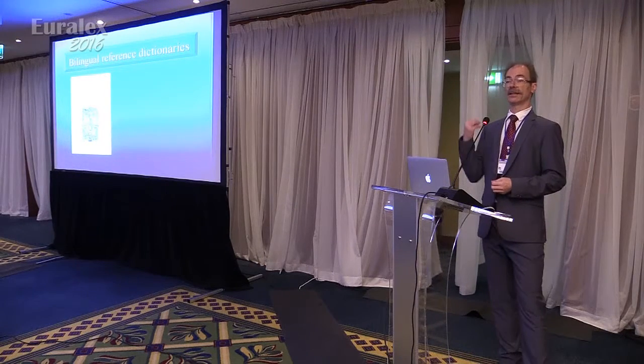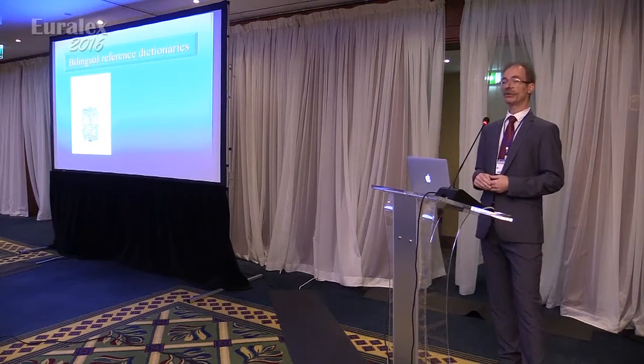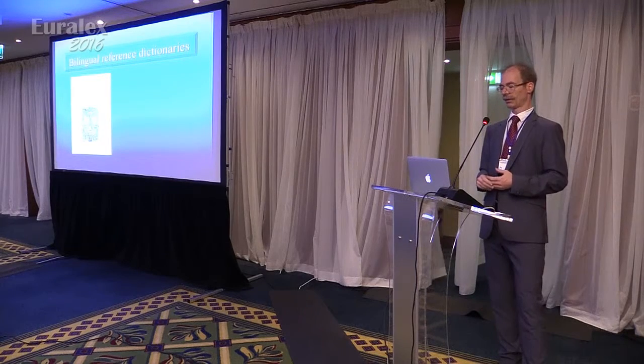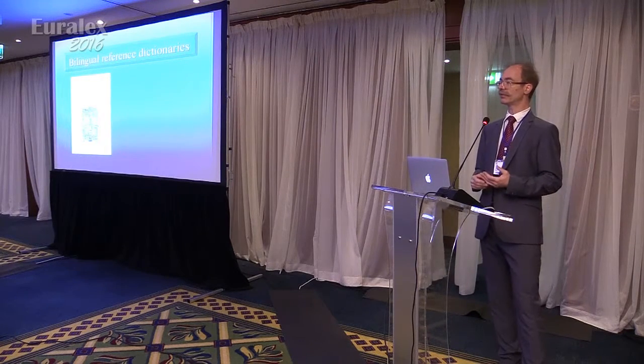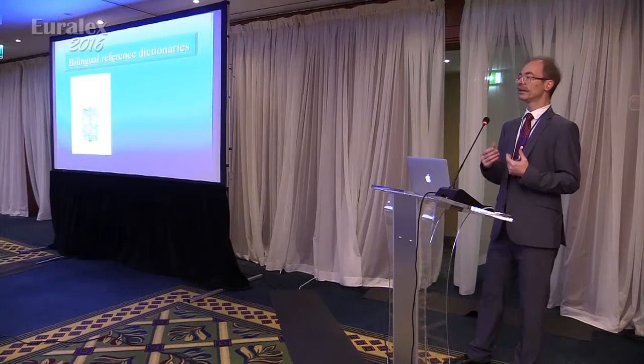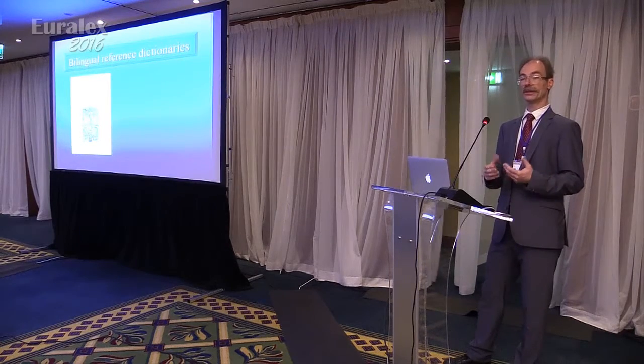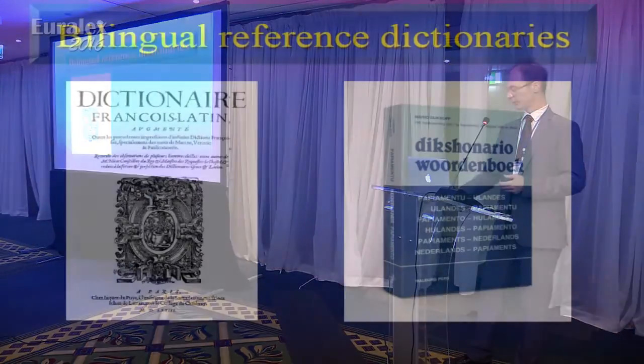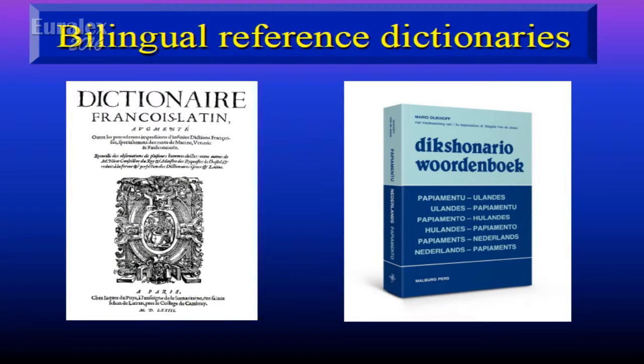This idea that bilingual dictionaries are older is also found in less well-described languages. So, for instance, here we have a dictionary of Papiamento. And this is the main dictionary of Papiamento that is in existence.